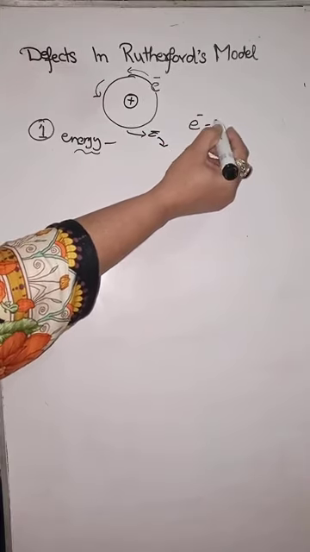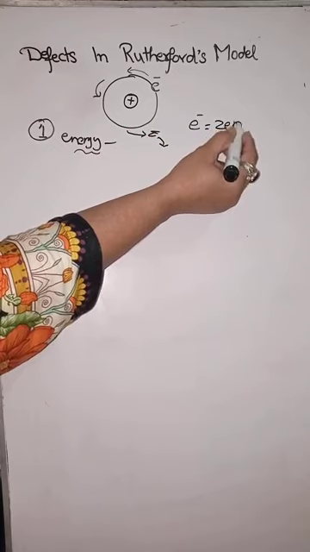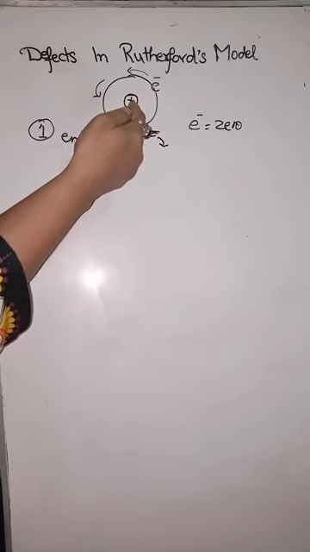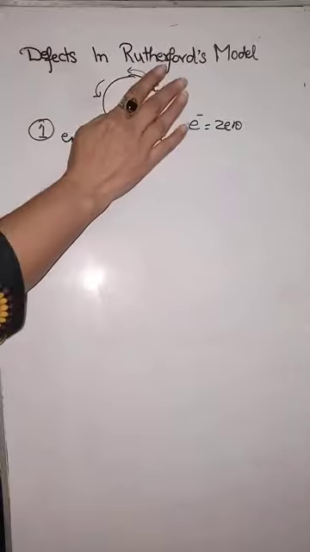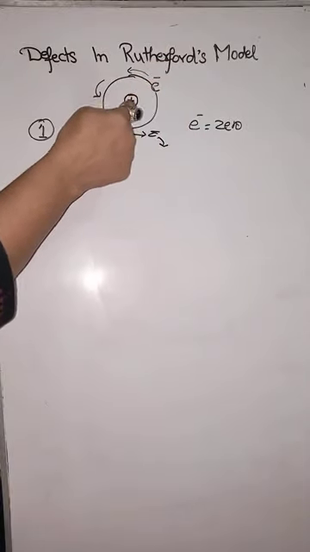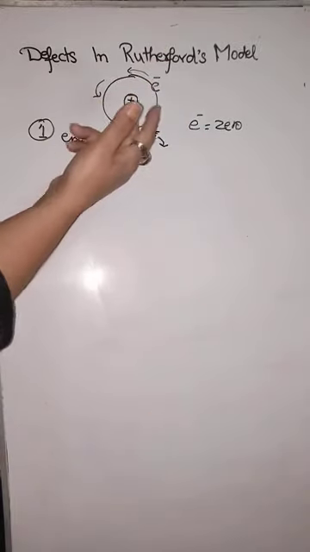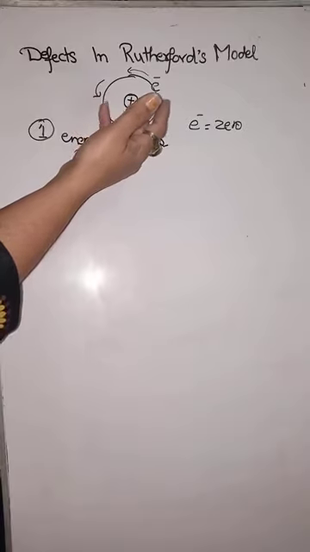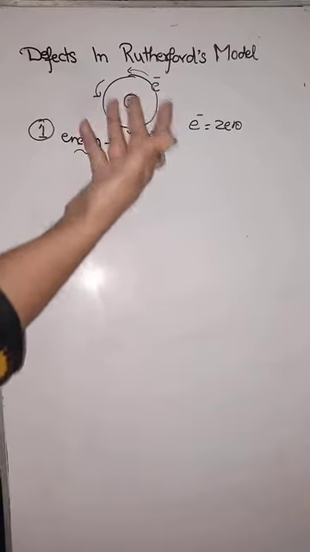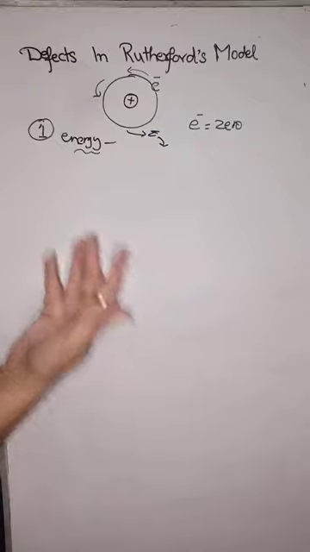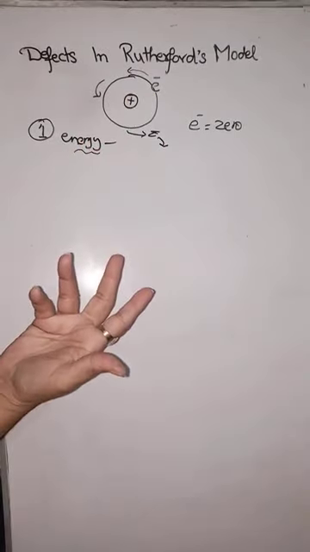It means the energy will be zero. When energy will be zero, what will happen? This electron will fall into the nucleus. According to Rutherford, when this electron falls into the nucleus, what will happen? Definitely, the conclusion is that the atom will collapse. The death of the atom will occur.